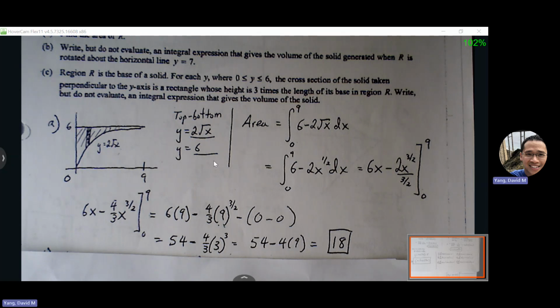Mr. James, also the calculator, when I'm checking this, is showing a different answer. I'm pretty sure I typed everything correctly.